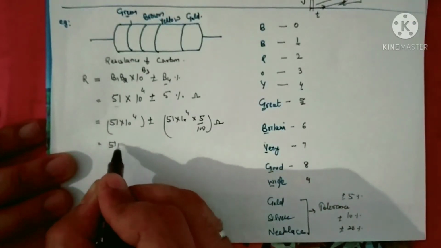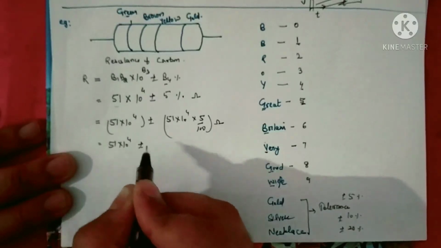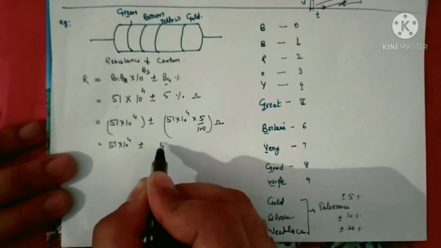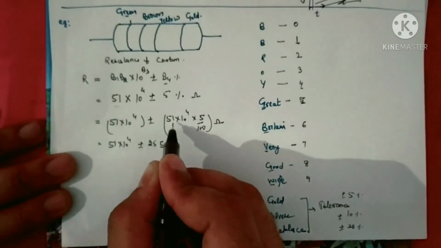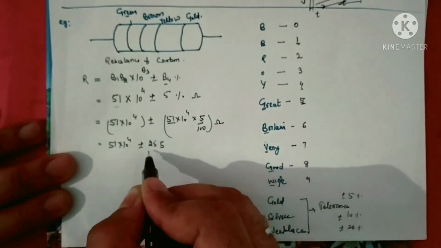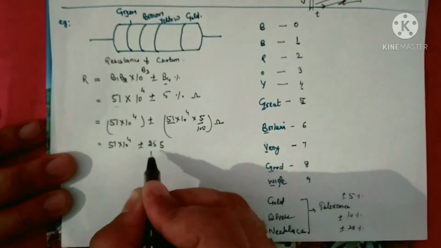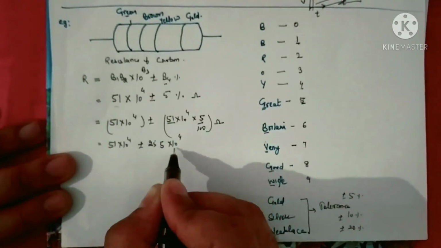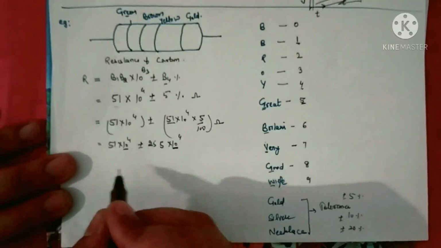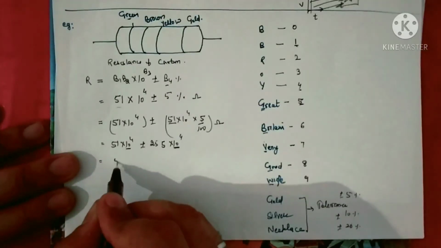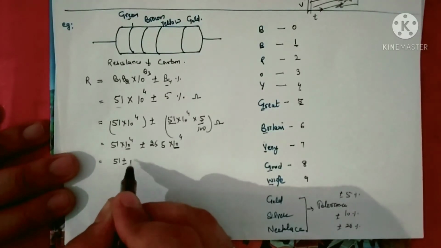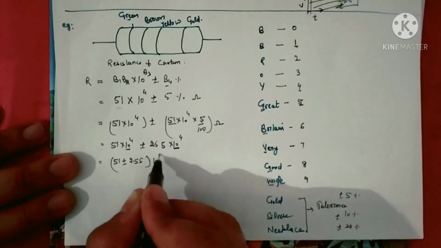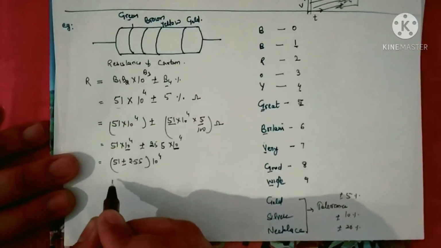Further we can write 51 into 10 raised to power 4 plus minus, here we will write 5 and will multiply 51 into 5, 255, then here decimal into 10 raised to power 4, because now the powers become same. Then what we write? 51 plus minus 2.55 into 10 raised to power 4. So this is the range.